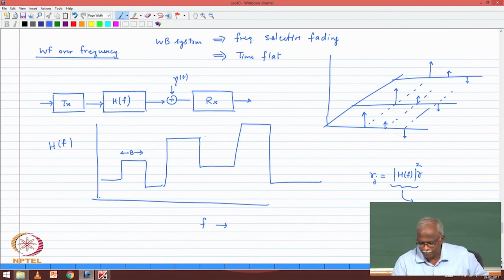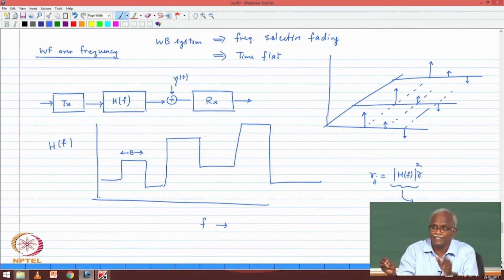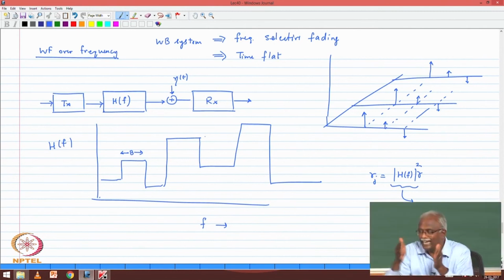So gamma j is not a constant across all the channels. It depends on the channel gain, and depending upon the frequency selectivity, I will get a channel gain. Simple statement.